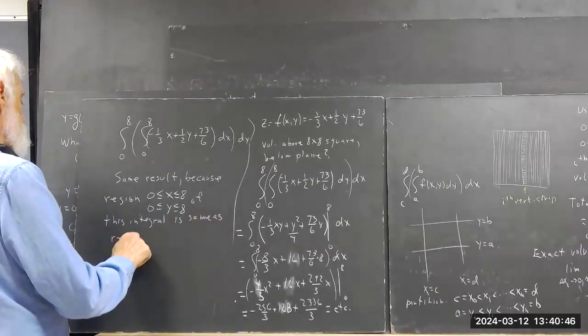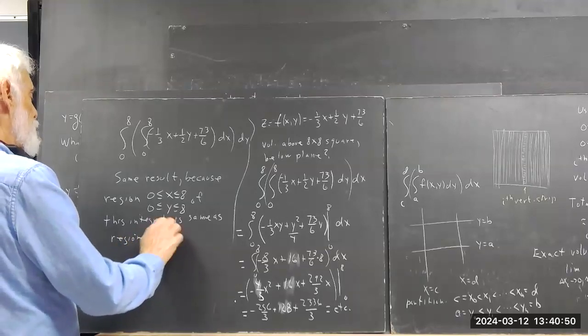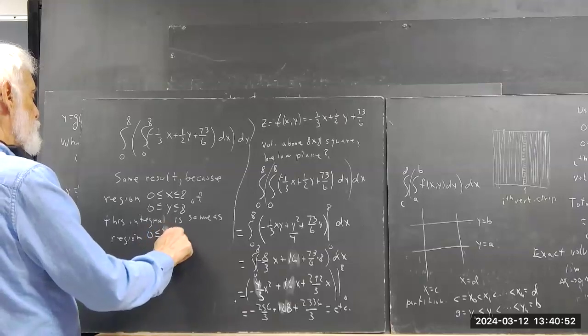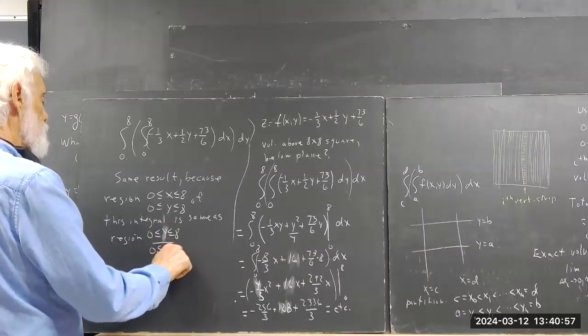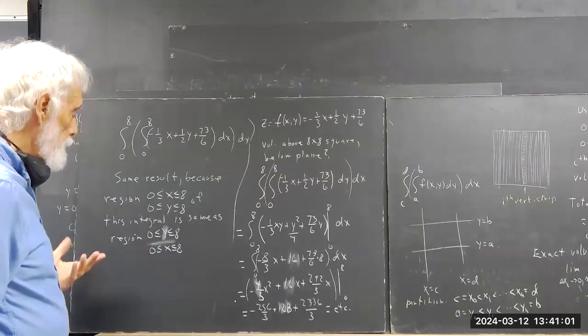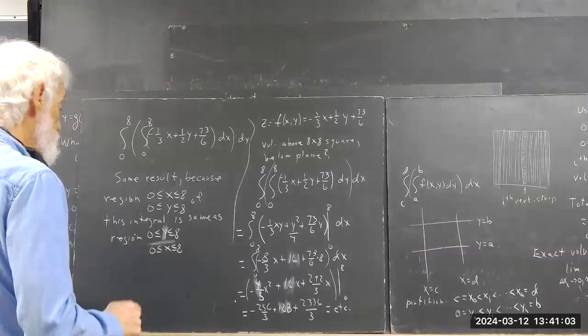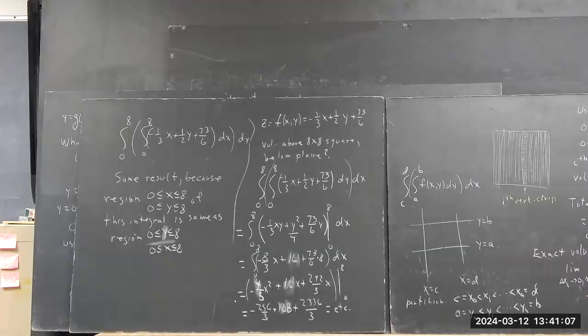And that's the same as the region 0 less or equal to y less or equal to 8, 0 less or equal to x less or equal to 8. You need that line there. Okay. They're the same region. Each is the 8 by 8 square.